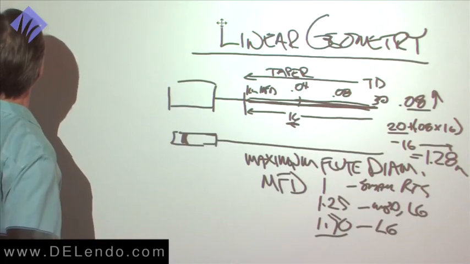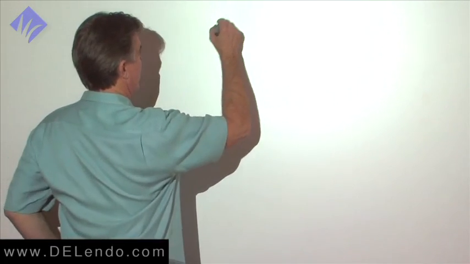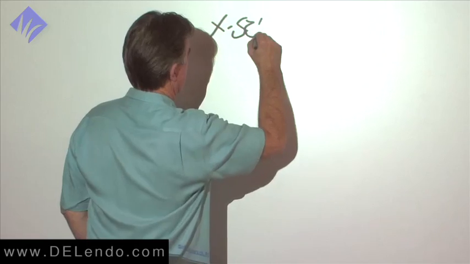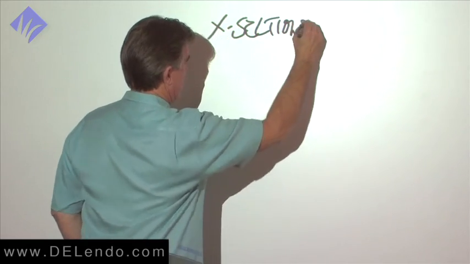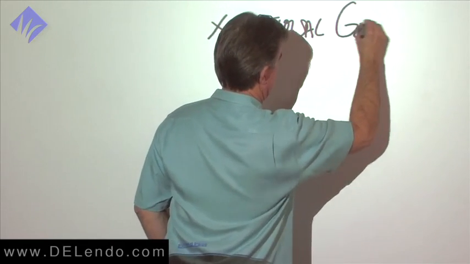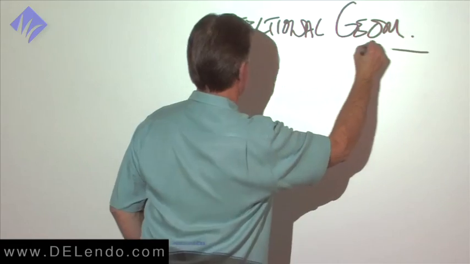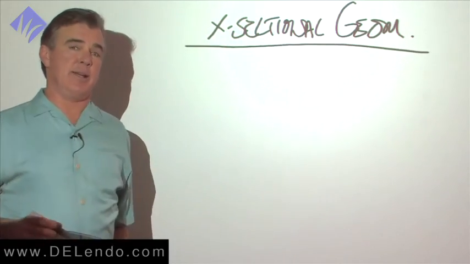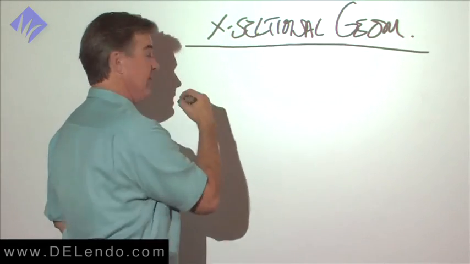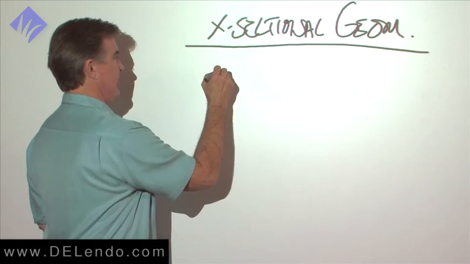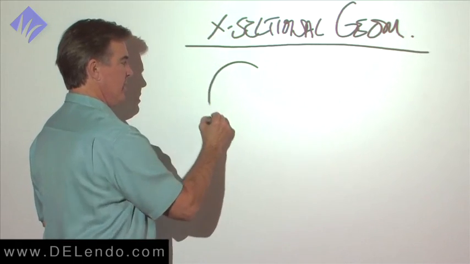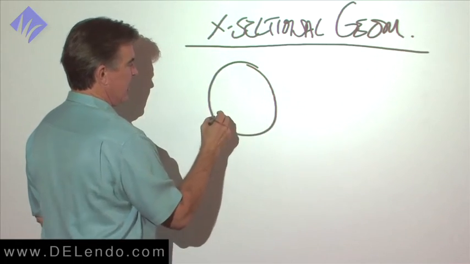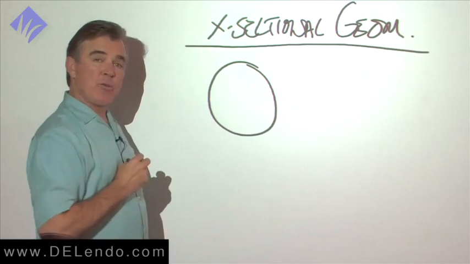So now let's talk about cross-sectional geometry. Okay, this gets more complicated and is continuing to get more complicated. As I said in an earlier topic, all these files start out with round wire.